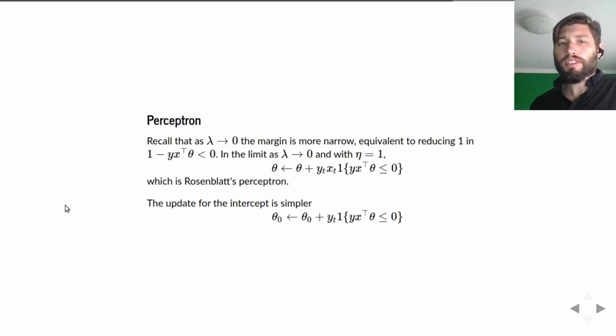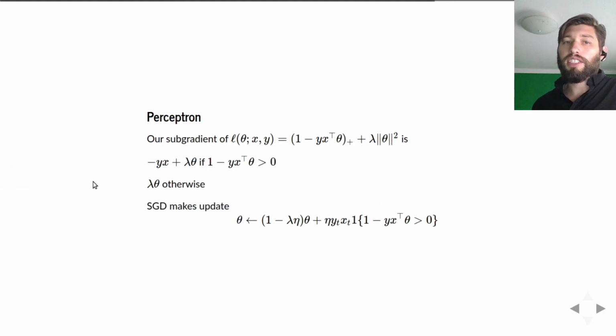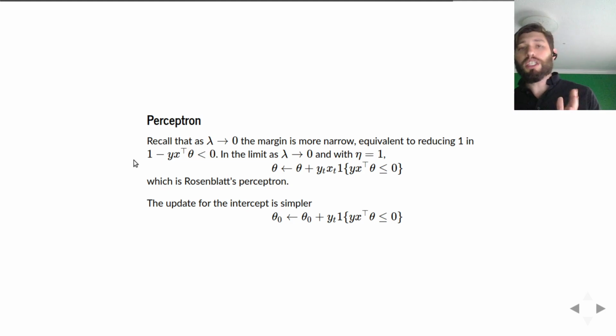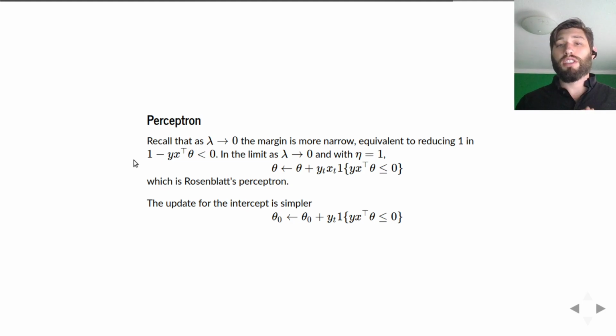Now, this isn't quite the perceptron. This is just SGD applied to support vector machines. But we can approximate what's known as the perceptron, and we'll outline the perceptron here. So let's recall that lambda approaching 0 means that our margin is getting more and more narrow. We're going to think about the limit as our margin gets more and more narrow.